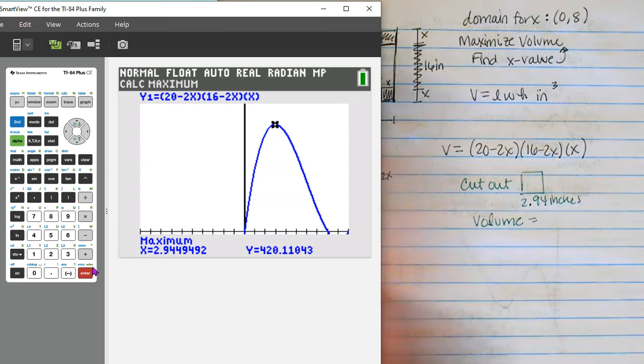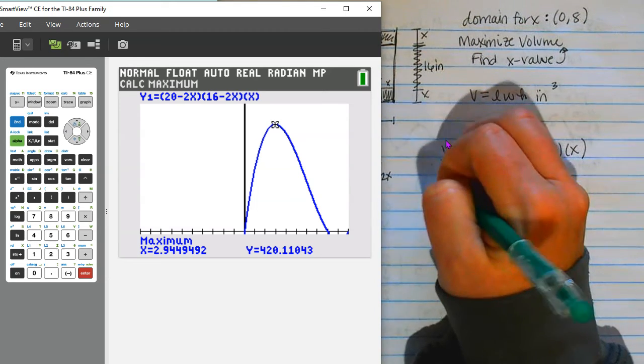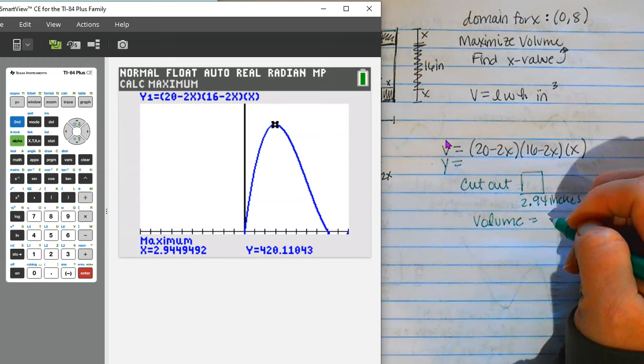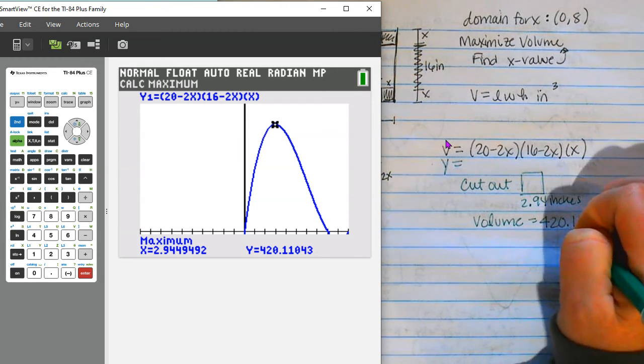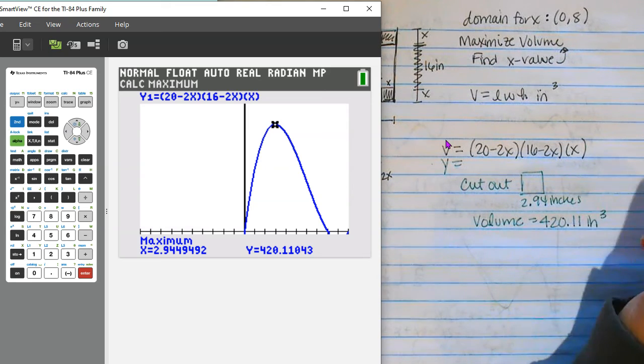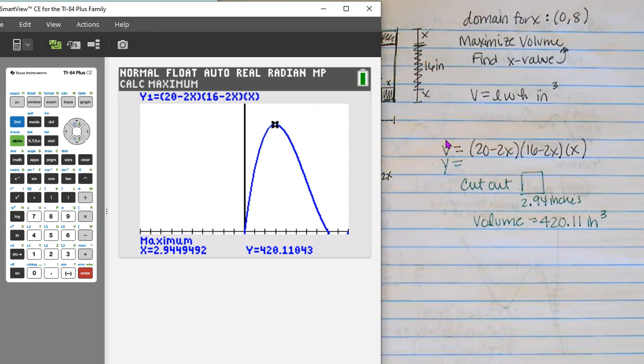And if I do that, then my volume is going to be this y value equals the volume equation. So if I do all of this, what I get out is volume. Volume and y are the same thing. So in my calculator, volume equals 420.11 inches cubed. That would be how much my box would hold.